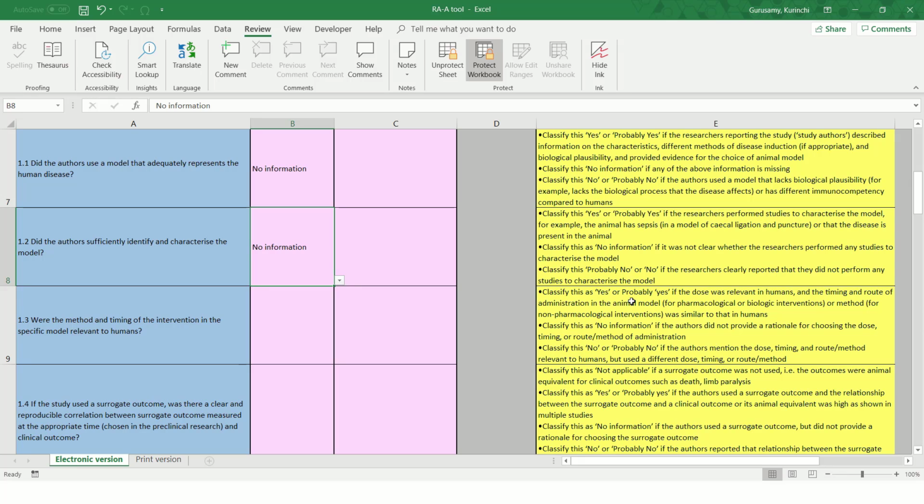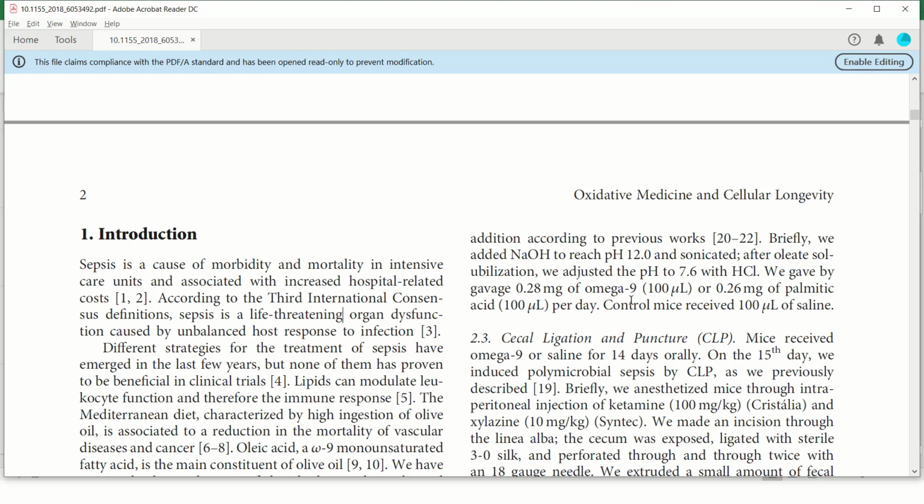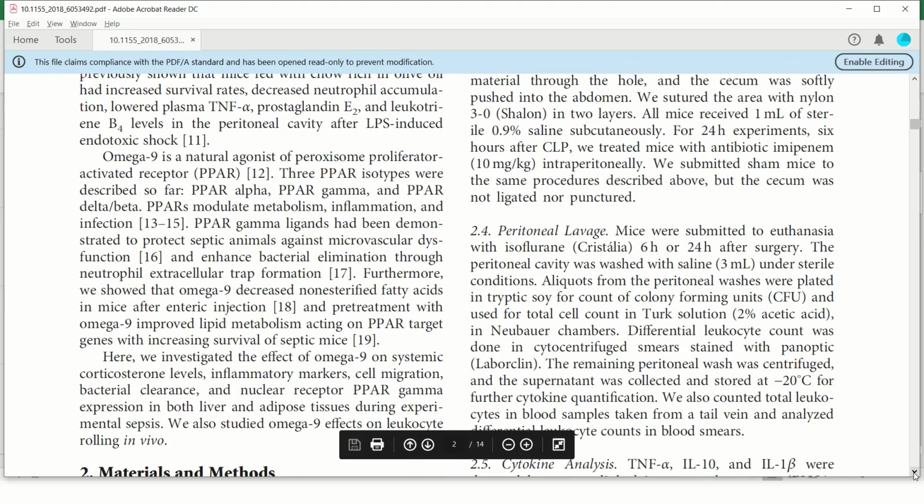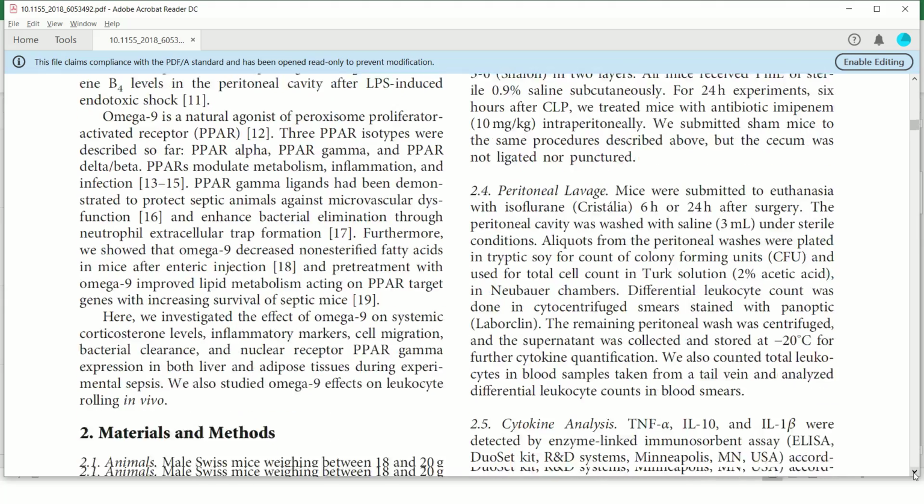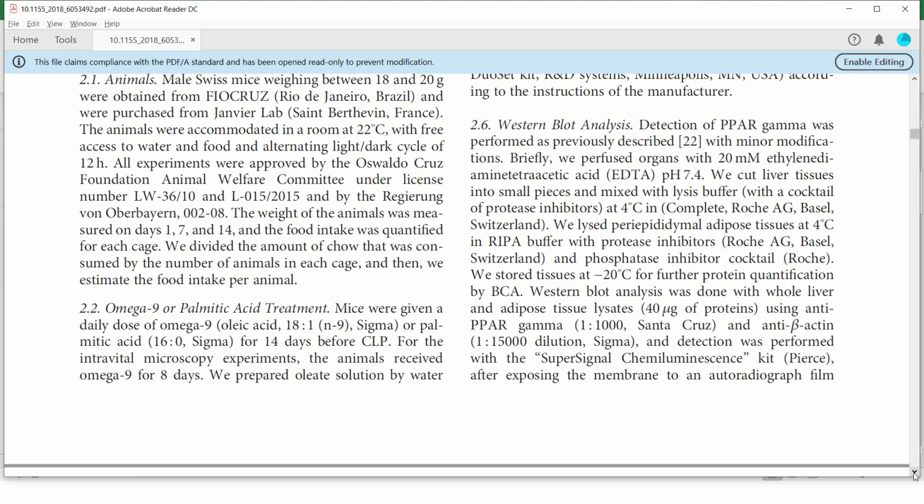But how do you know that it's the right dose and the timing? Let's look at it. They haven't justified why they gave that amount of omega acid.